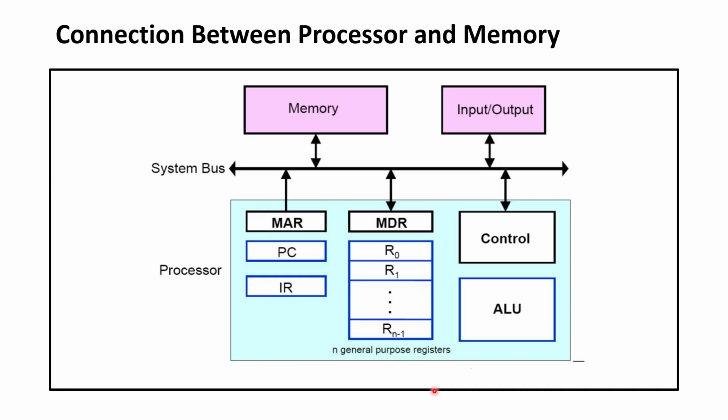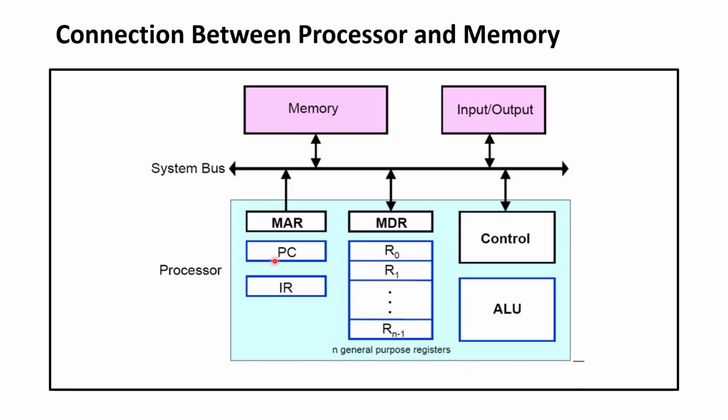This diagram shows how the processor communicates with the memory and input-output devices in the system bus. Inside the processor, we have key components. The MAR, or memory address register, holds the address of the memory location we want to access.